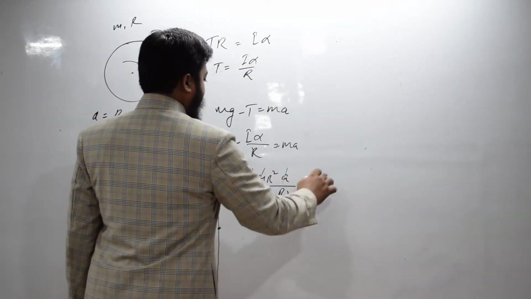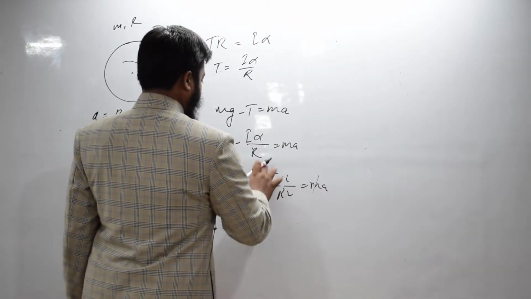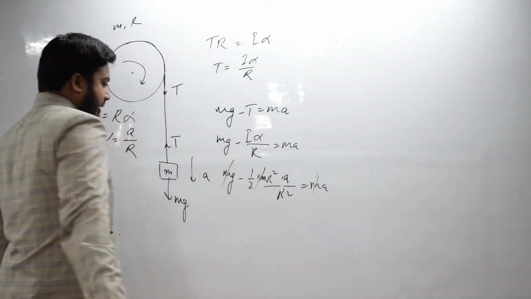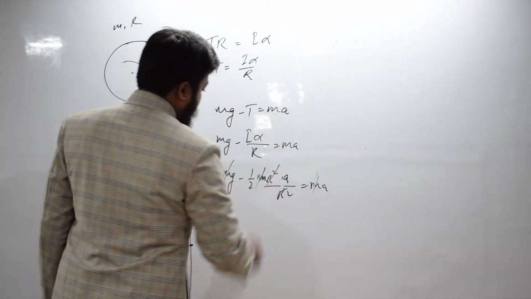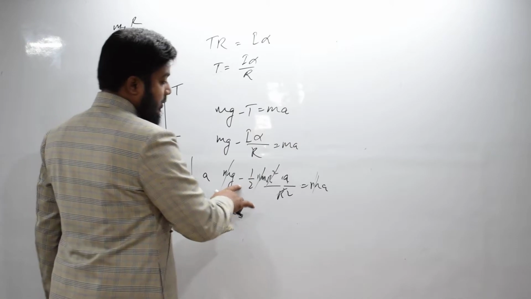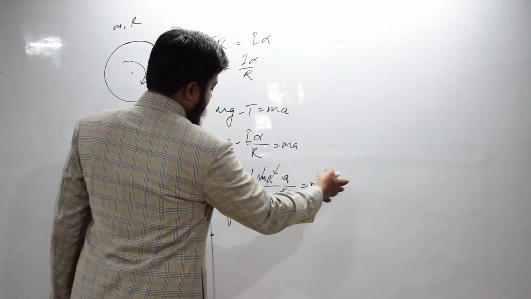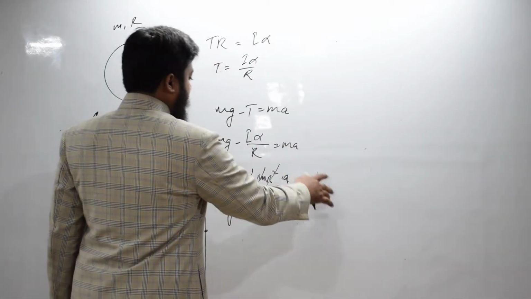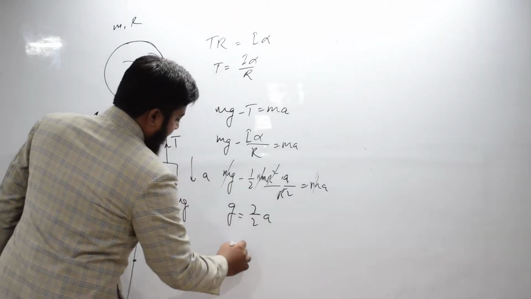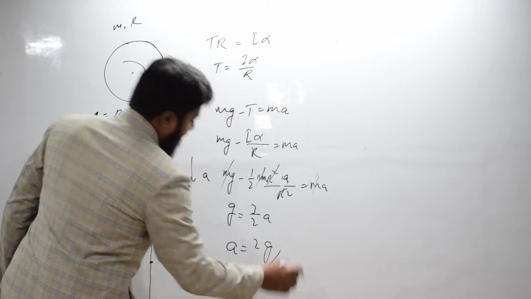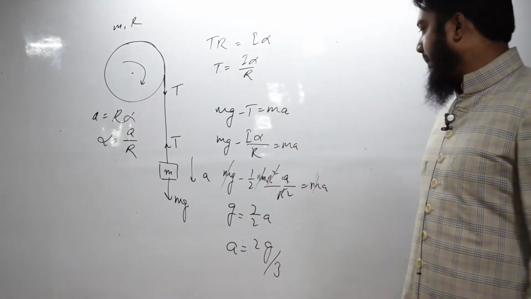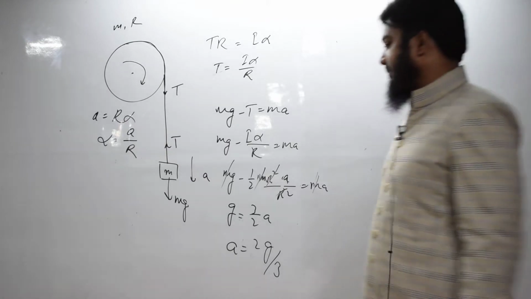Now, m gets cancelled out, and r square also gets cancelled out. g is equal to a by 2, which you take from this side, plus a, so a by 2 plus a is 3 by 2 a, or a is equal to 2g by 3. So, the downward acceleration of the small mass m is 2g by 3.